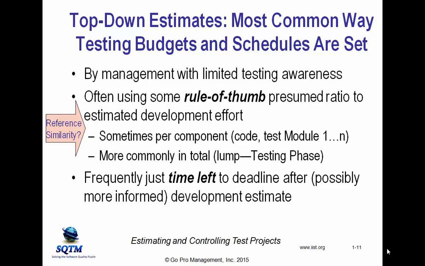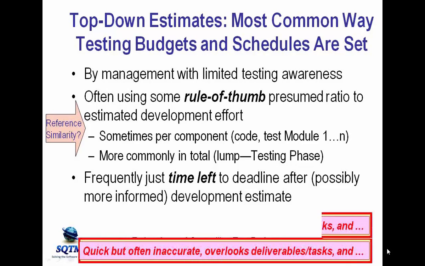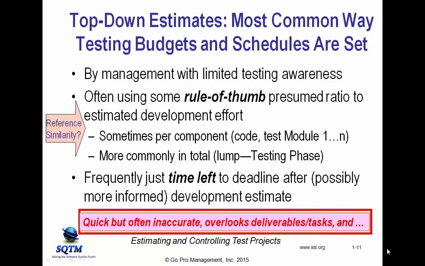And unfortunately, testing is simply given the time left after development gets done. And the time left has absolutely nothing to do with the relevant needed testing. So top-down estimates, the advantage of them is that they're quick.